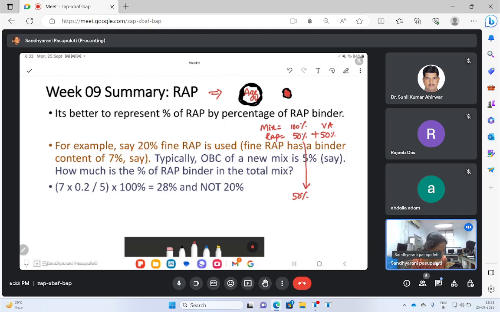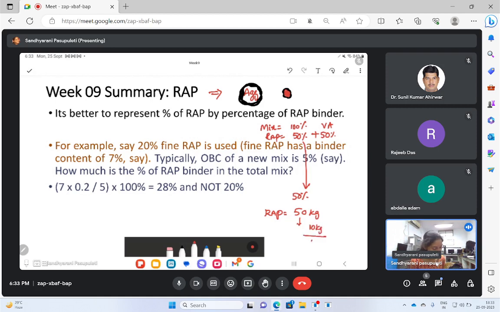That means, let us say I have 50 kgs of RAP aggregate. We will take these aggregates. All these aggregates have some amount of binder coated over them. So we need to determine how much binder is present in this 50 kgs. Let us say of this 50 kgs, 10 kgs is bitumen.